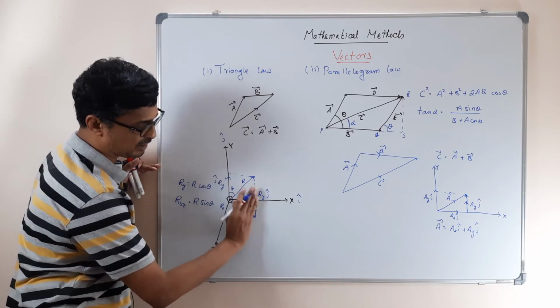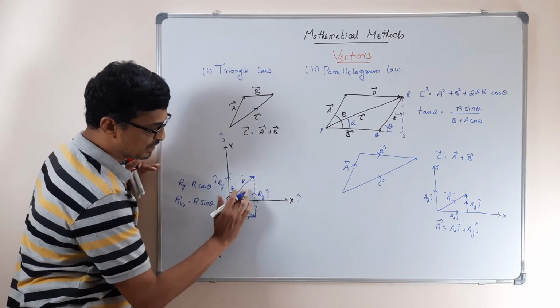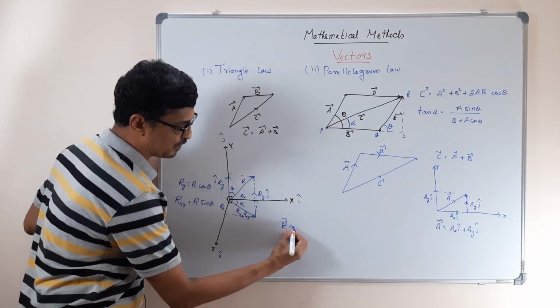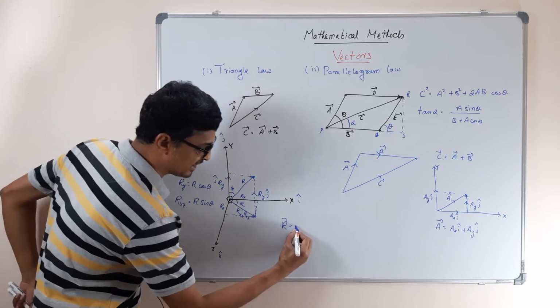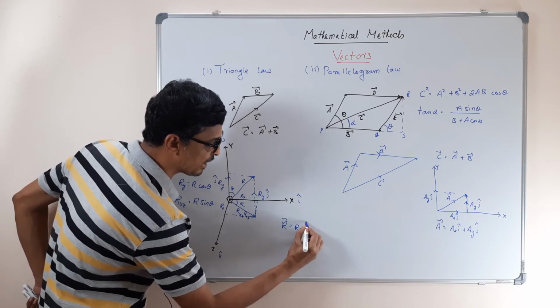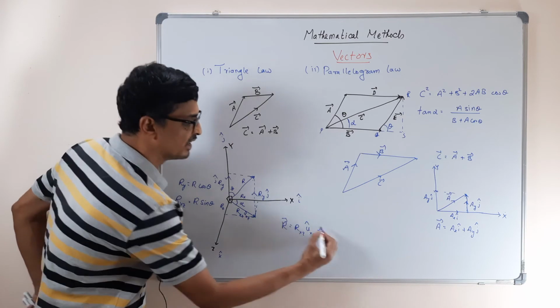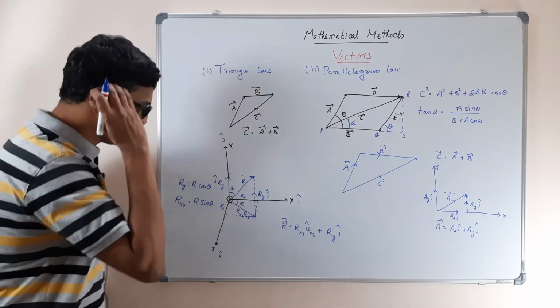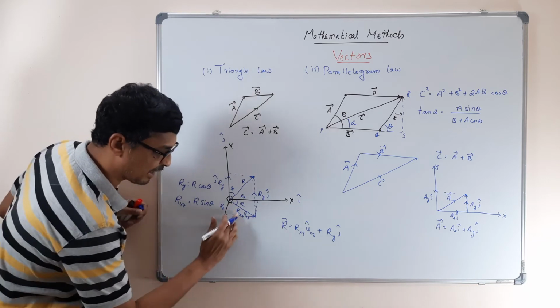Correct? The same vector in a parallelogram. Right? So then your R vector will be Rxz cap plus Ry j cap.